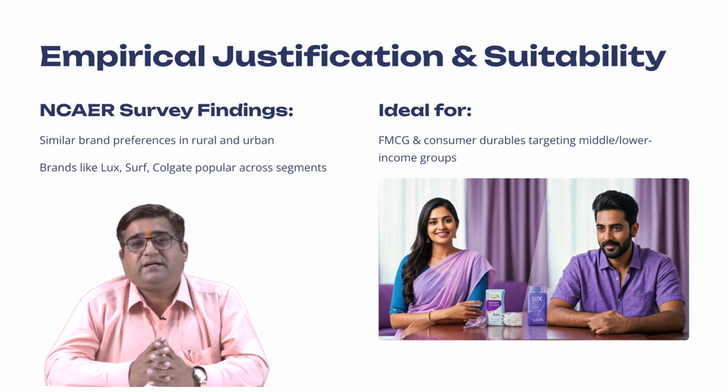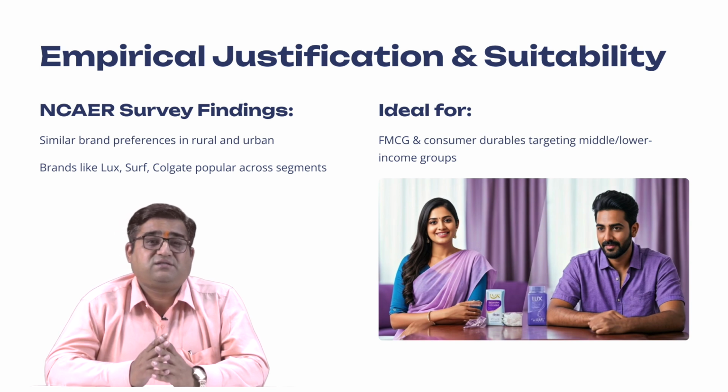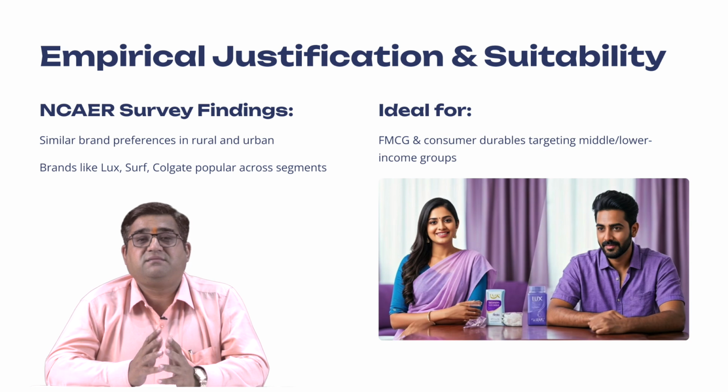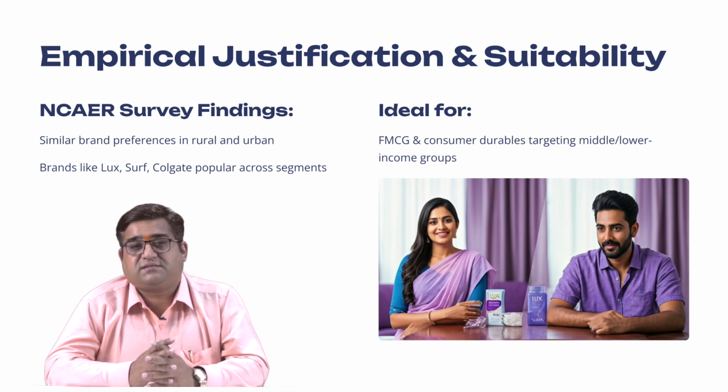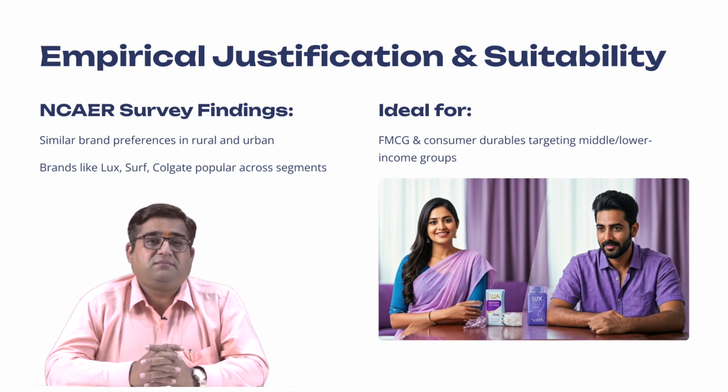If the urban market can include both metro cities and smaller towns without major strategic shifts, rural markets too can be handled in a similar way, with minor adaptation rather than major changes. In terms of suitability, this approach is particularly suitable for companies that are already dealing with standardized products, especially in the FMCG and consumer durable space.